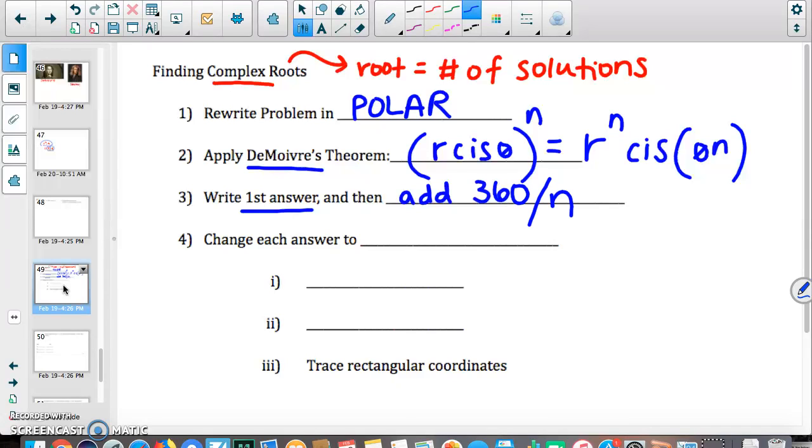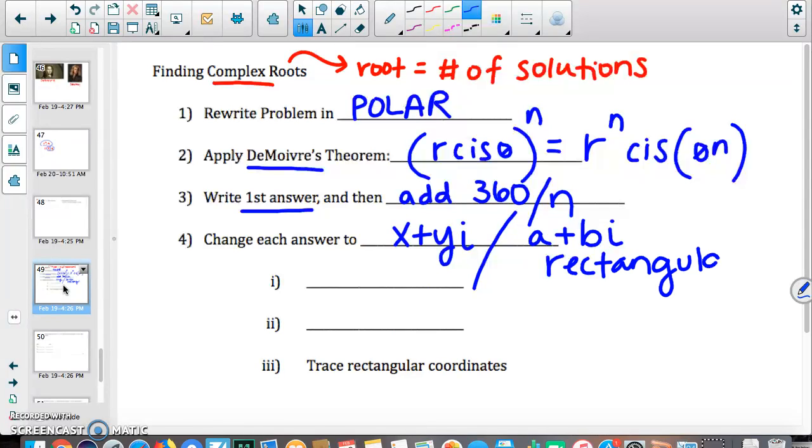That sounds kind of wonky, but think about it: if I have a square root, then I should have 2 answers in my unit circle, so I want to add 180 so that I can fit 2 solutions on my unit circle. We'll do an example if this isn't making sense yet. Your last step is to change it into standard form, x plus yi, or sometimes a plus bi. That just means change it to rectangular.